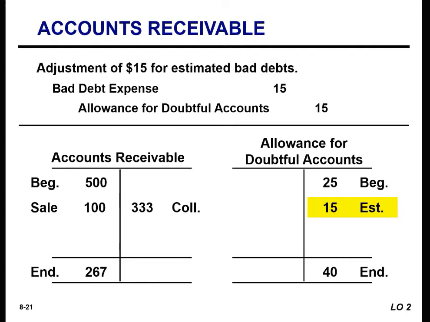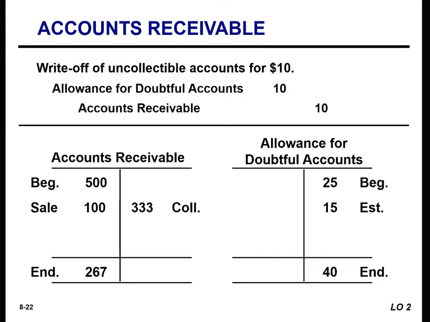Now, time has gone on, and we actually realize that customer A is not going to pay us $10. We know that it is customer A. So we will write off customer A's account, and we will reduce our allowance for doubtful accounts by $10.